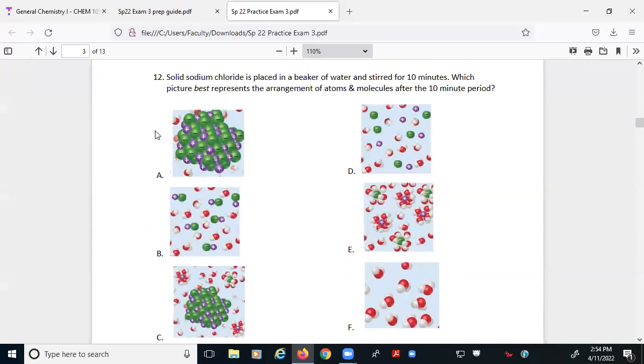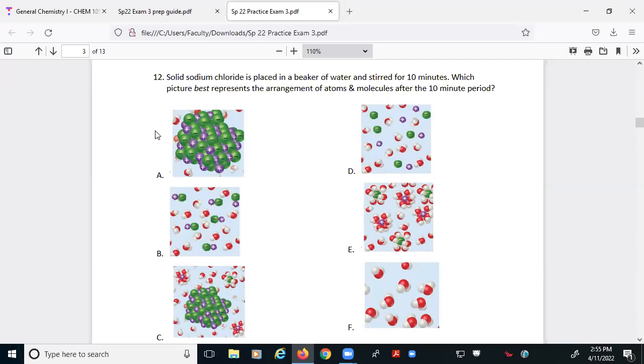Okay, so number 12 is asking kind of the same thing that we were just talking about. What happens to an ionic compound when it dissolves in water? First of all, if it's going to dissolve, we know that the crystal itself is going to start breaking apart.